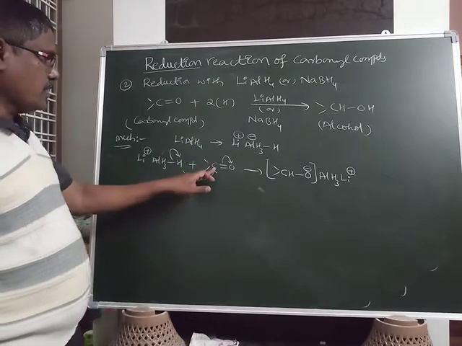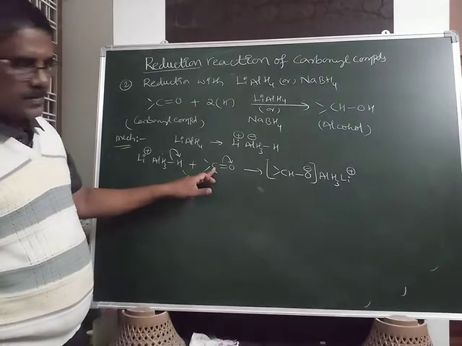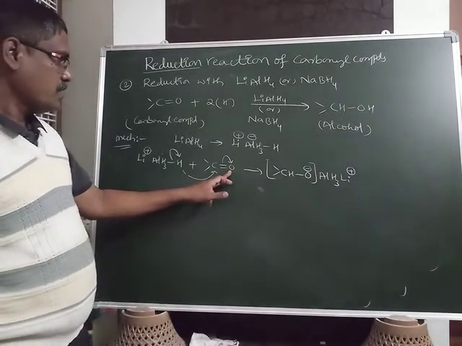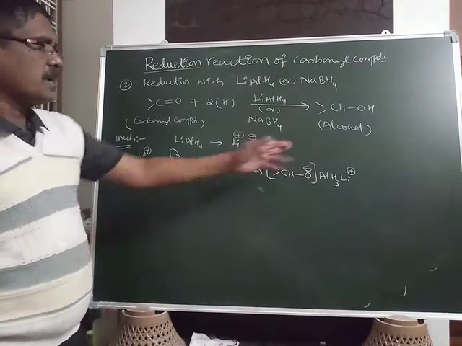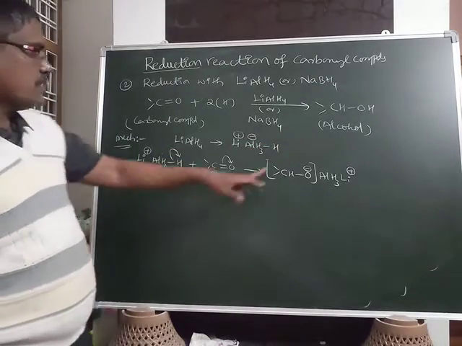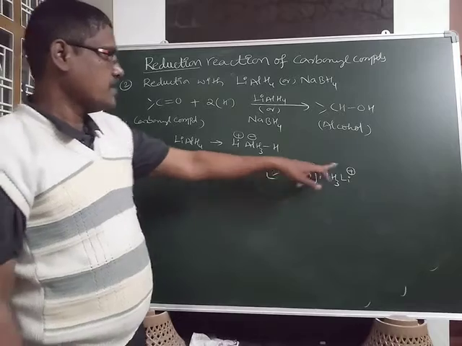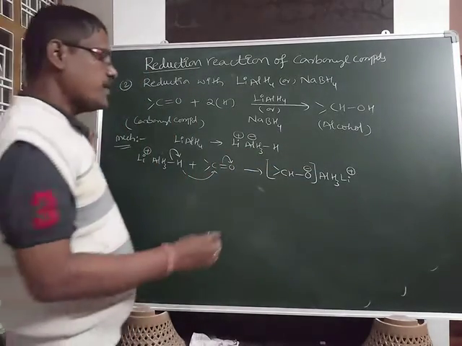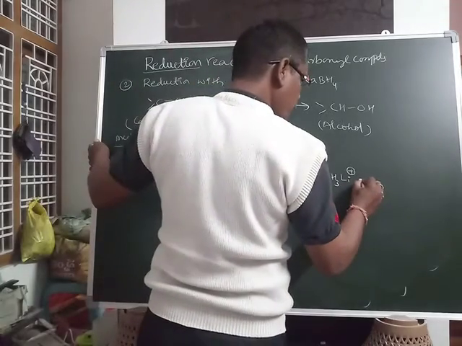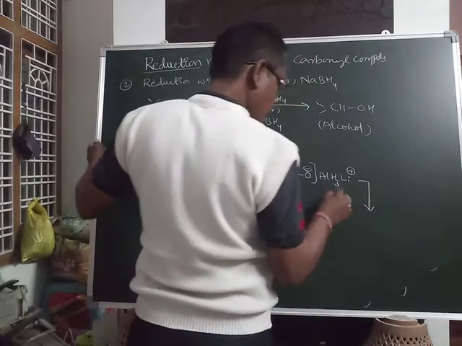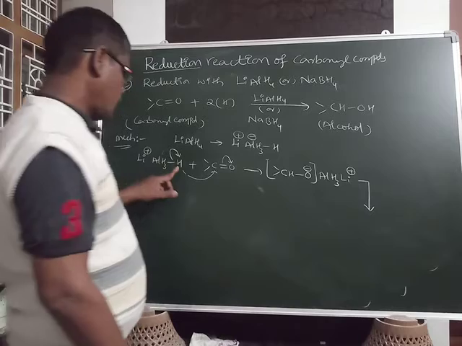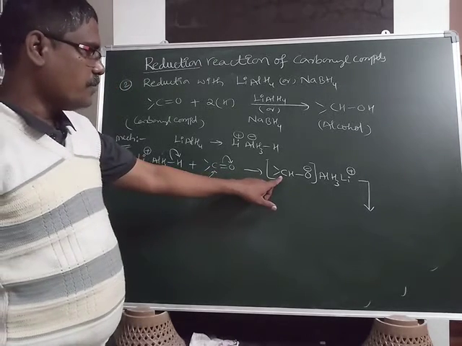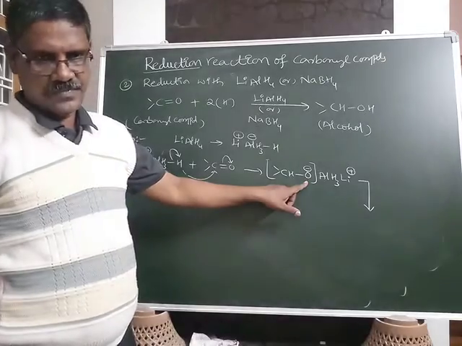The charges neutralize: here minus and here plus, so the overall charge is 0. Now 3 more hydrogens are present, and one hydrogen converts C double bond O into CHO minus.